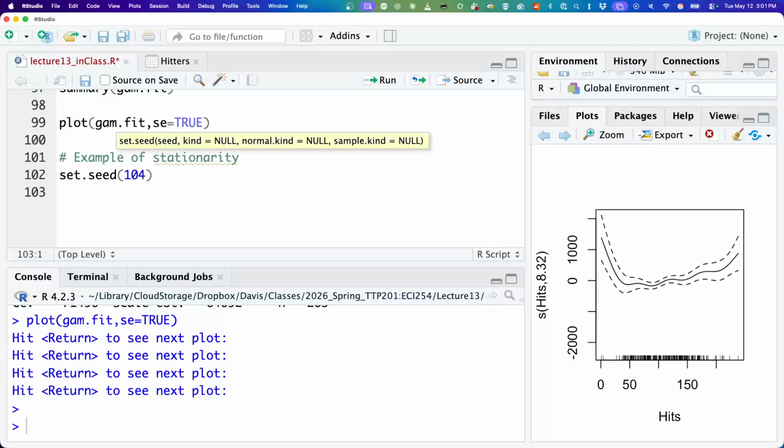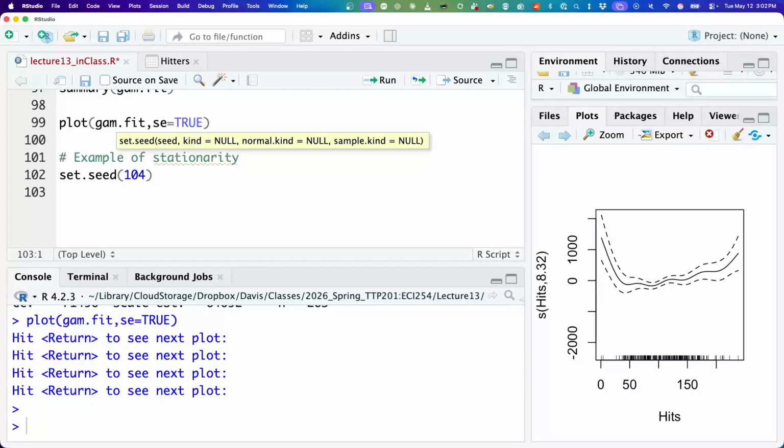Set seed is a function in R that specifies when you do random draws that you're drawing from a specific seed. So usually when I do like rnorm or something, we all will get different answers.